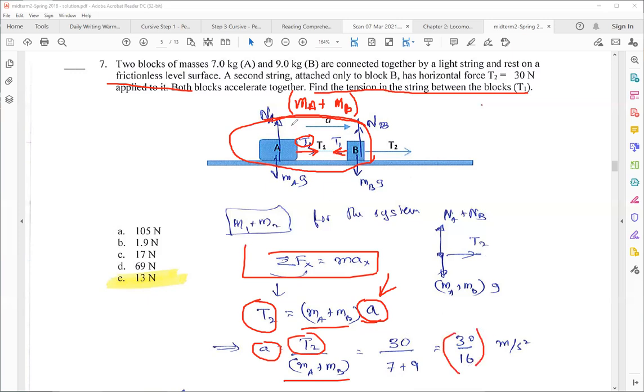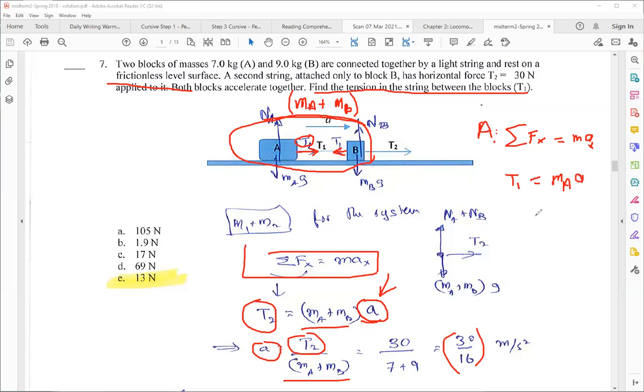Having the acceleration, now you focus on block A. If you apply Newton's second law, net force along X is equal to mass times acceleration along X. For block A, all I have is tension 1. Tension 1 is equal to mass A multiplied by acceleration.